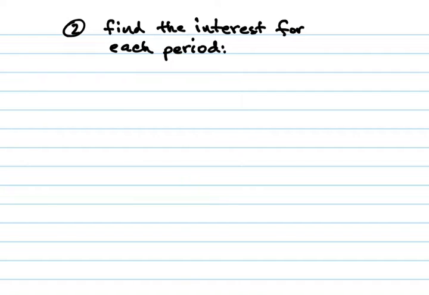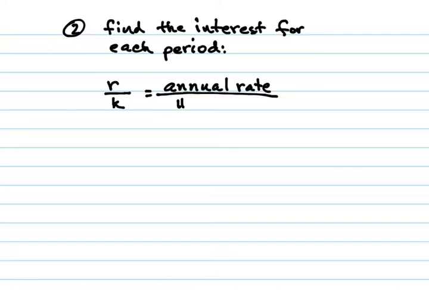Instead, we have to divide it up into pieces. So what we're going to do is divide our r by our k. So whatever those weekly, daily, whatever periods are, we need to divide it by that amount. So we simply take the annual rate and divide it by the number of periods.